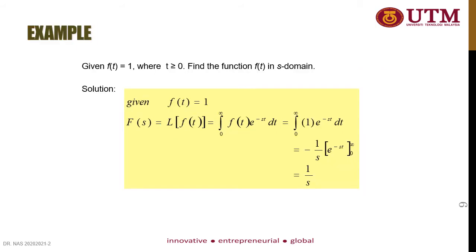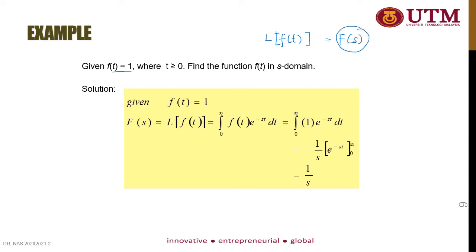Okay, let's look at the first example. Given a signal f(t) equal to 1, where t is larger than or equal to 0, find the function of f(t) in S domain, meaning that you need to perform Laplace transform of f(t). So L of f(t), you will get F(s). So what is your F(s)?